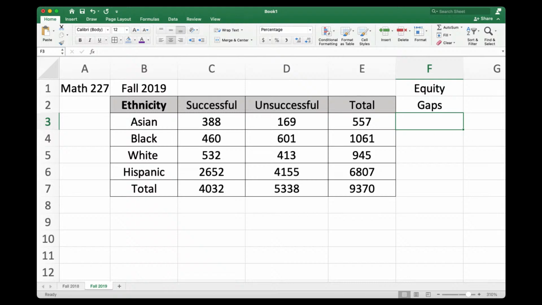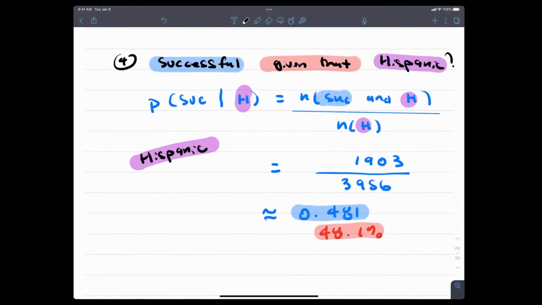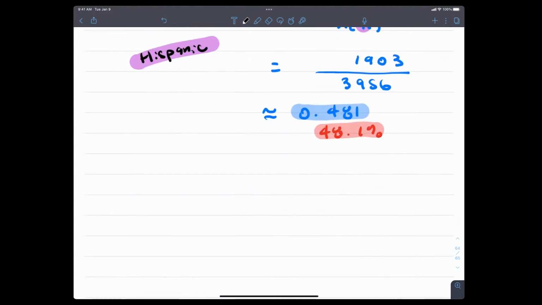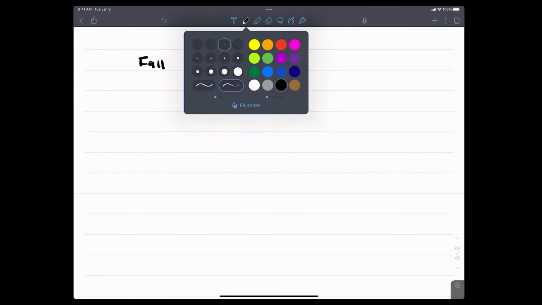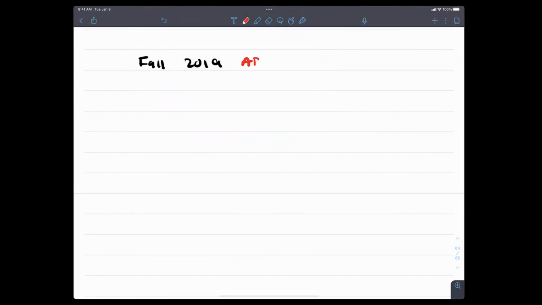Use conditional probabilities for fall 2019. Let's see what you guys get. So in other words, let me write it down. Number 5, this is now going to be for fall 2019 data. This is with the first year of AB 705.